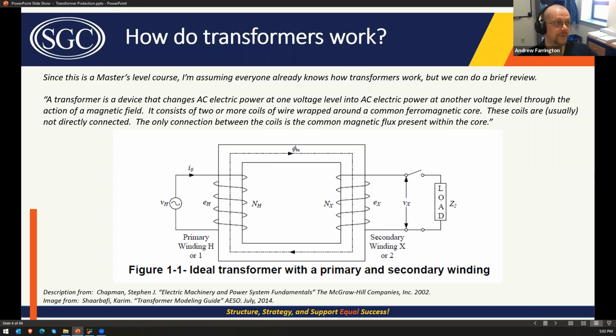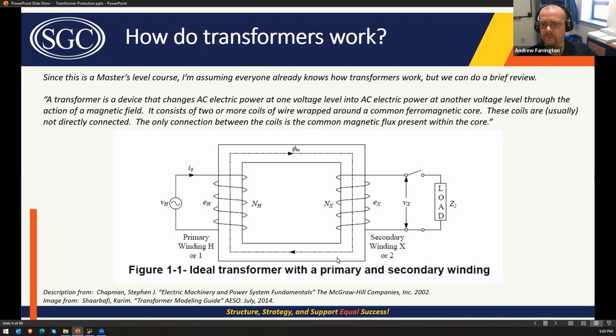They're all things that you may encounter during your career, but the majority of the work that you're going to do is two winding transformers. The majority of those are going to be delta-Y transformers. That's just the way it is, so that's where I try to focus our time.